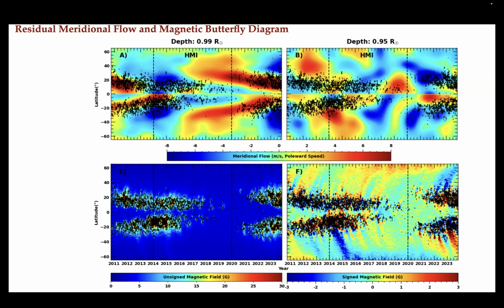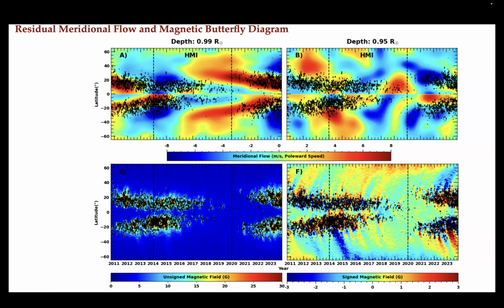But on the other hand, we see that whenever there is a large inflow, in fact, you see, for example, here and here in the inflows, they actually coincide with the enhanced transport of magnetic flux, which if you see in the southern hemisphere, there is a dark blue region, which is the trailing polarity of the cycle in the southern hemisphere that is transported in an intense way during this period.